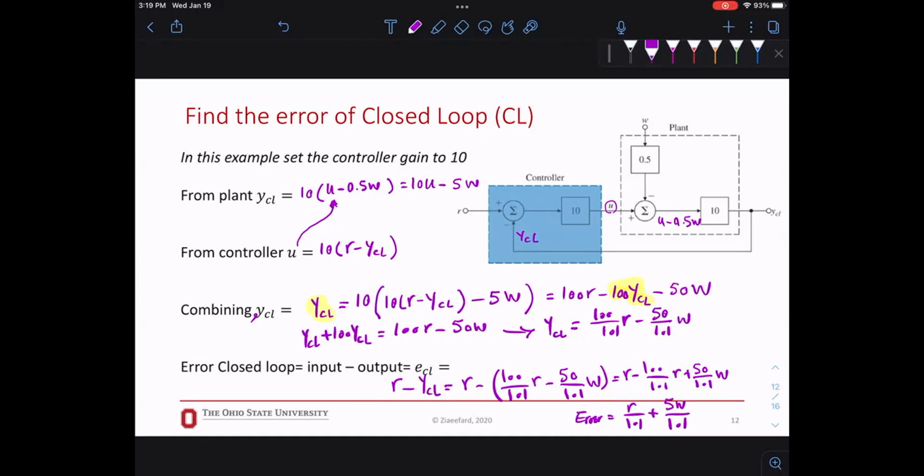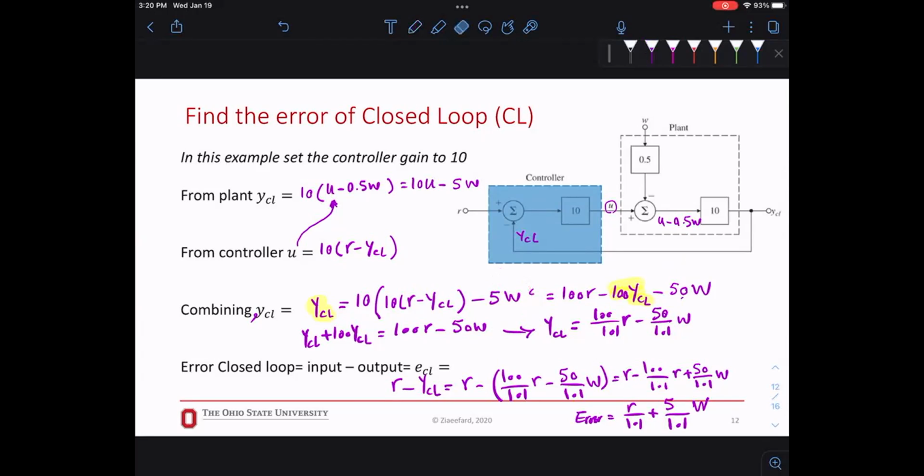It's 5W. Yeah, that's what I wrote. But this one is 50. In the beginning, when you sub in U times, the 10 is here. This one is 5. Yeah, but the 10 outside there is only... Oh.